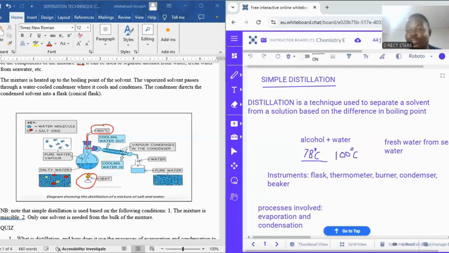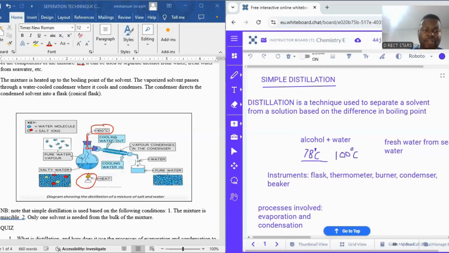That's the second process, known as condensation. Then the fresh water drops into another flask here. You can use a beaker or anything to collect the water. This particular water is safe for drinking. There is no single salt in it, and every germ will not be found here. So the water is completely pure and safe for drinking.